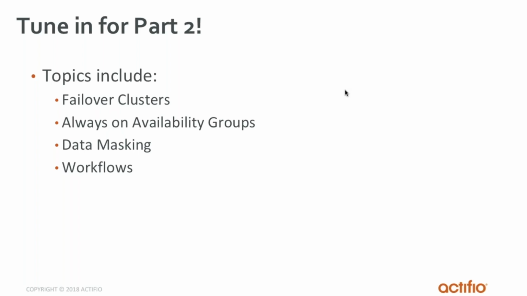We're going to talk about data masking and some of the features that we have around data masking, what that process looks like, why you would want to do it, and then workflows, which is very closely related to data masking, and how you would orchestrate the process to happen automatically and leverage that to enable a test and development environment, for example, where you don't want the developers and QA folks to have access to sensitive data that's in the production database.